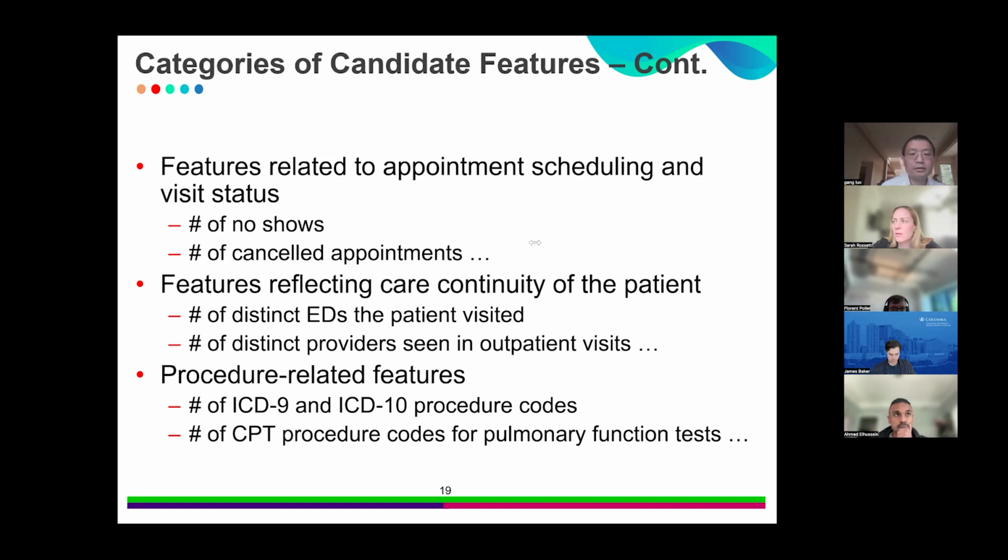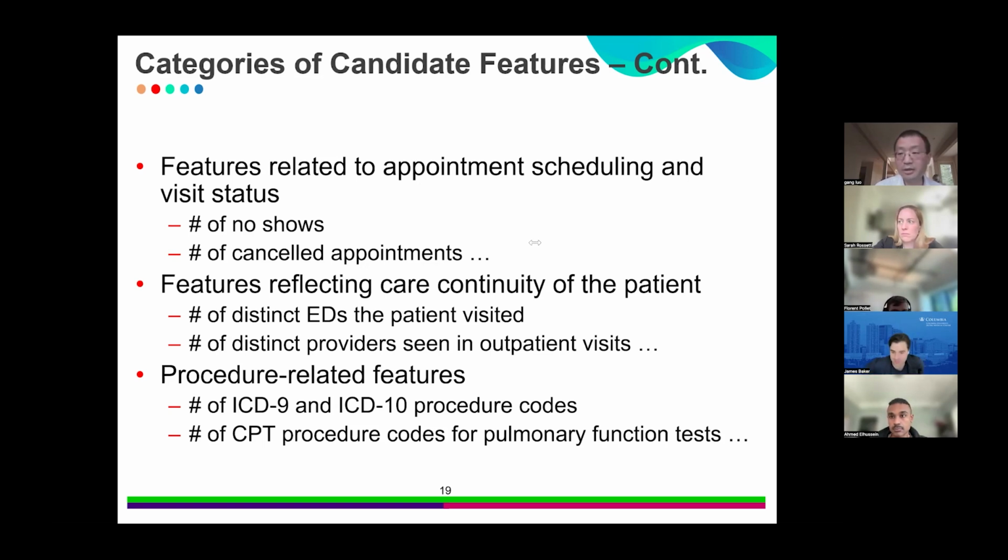The second question is, as asthma patient populations include both adults and children, have you observed any notable difference between adults and children? And do we handle these two patient populations differently for model building and when designing interventions? First, for model building, we tried two different approaches.